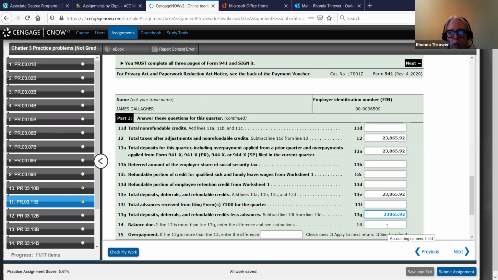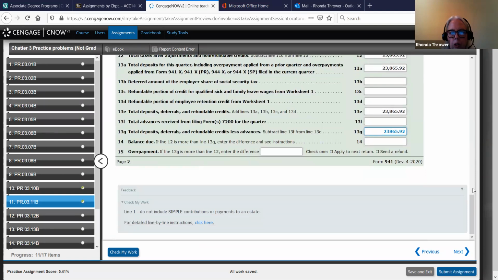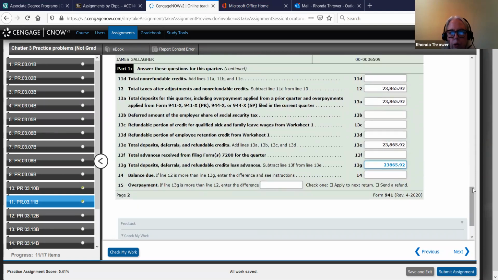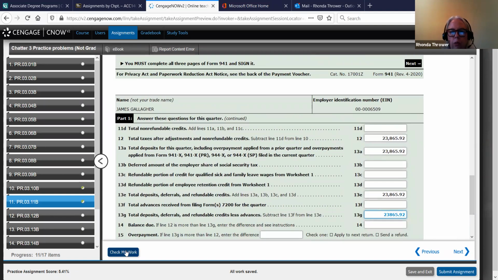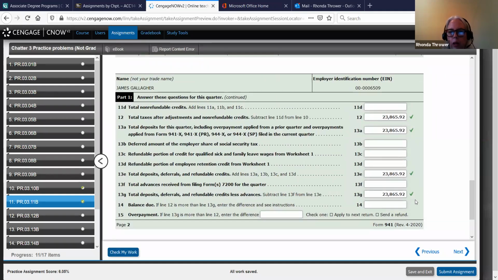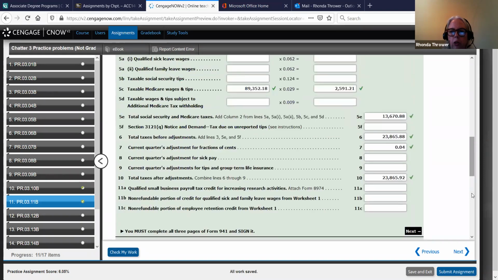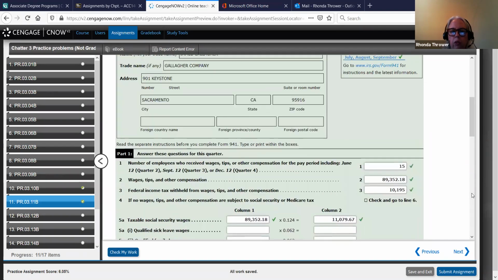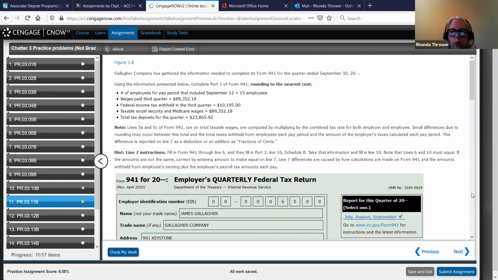There's no balance due. There's no overpayment. And that's all that we would put down there. I'm going to check my work one more time just to make sure I put in the correct figures here. And that's all you have to do on this form.